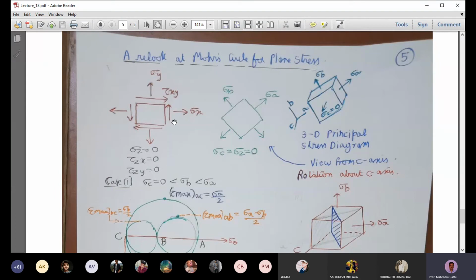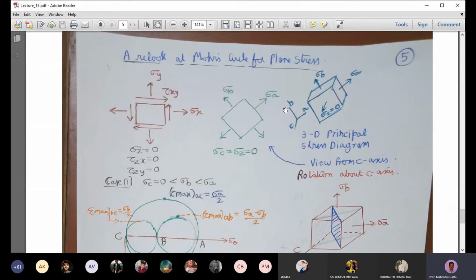Okay, so what we can do is rotate this stress element in such a way that we are left with only the principal planes. We can move to the principal plane directions. These are the principal planes, and we have the principal stresses sigma A and sigma B. And for this face we can say that in the z direction we have sigma C, and that sigma C value is 0.